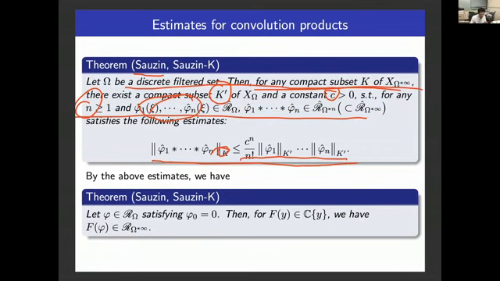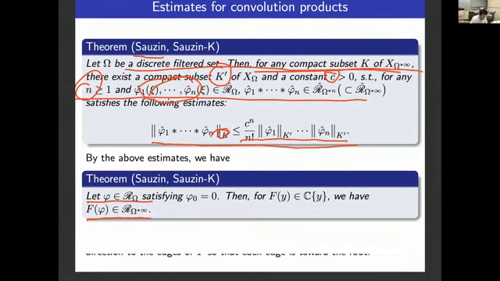So we can take K′ and C uniformly for n and the functions φ̂1 to φ̂n. Using this estimate, we can show the convergence of the substitution of f by an Ω-resurgent series, which is convergent and is Ω^⋆∞.